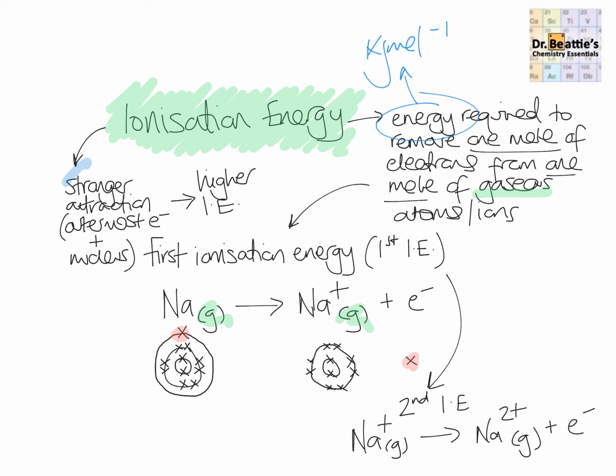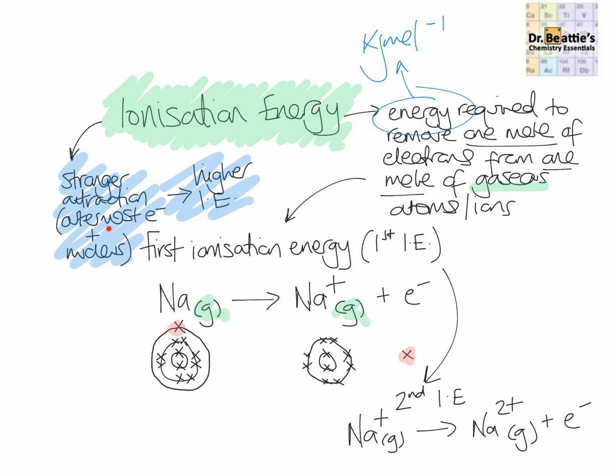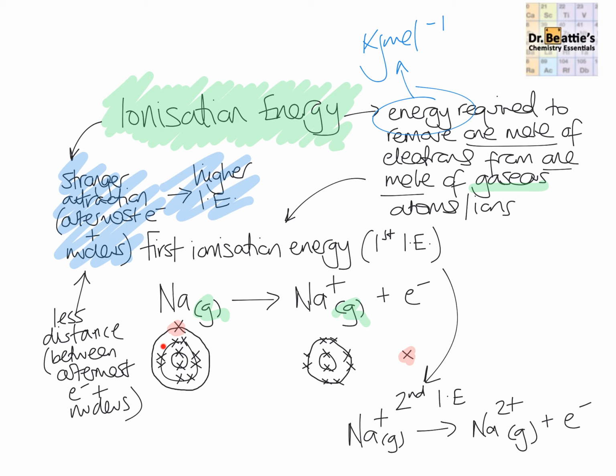So the stronger the attraction of the outermost electron to the nucleus gives a higher ionisation energy. And there's 3 things that link to a stronger attraction. And it's all to do with the distance between the outermost electron and the nucleus, with less distance between the outermost electron and the nucleus giving a stronger attraction.